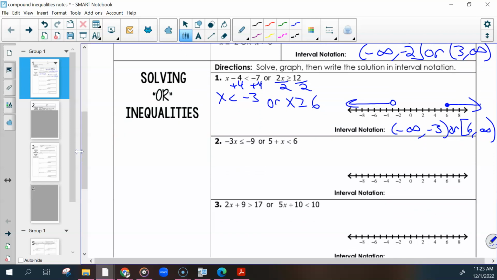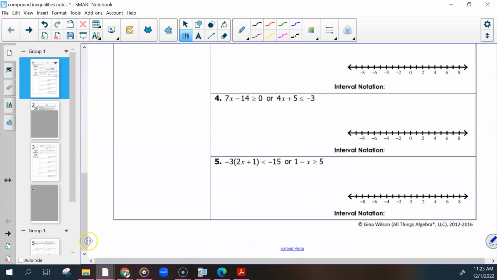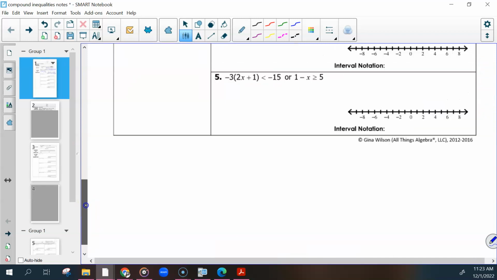We're going to do one more of these type. Let's try number 5. So for number 5, again, solve them both separately.